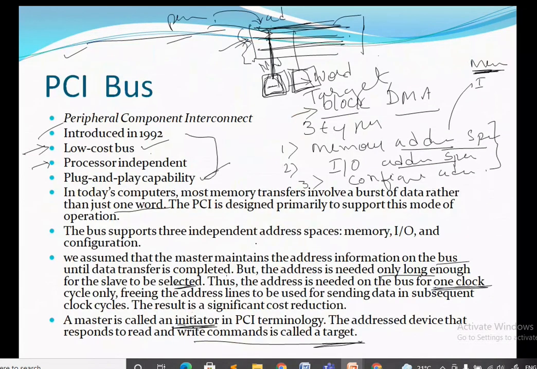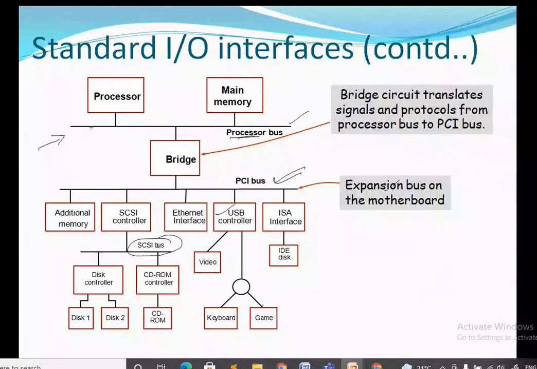Normally you will use the USB bus for connecting the keyboard, mouse, and any game related devices. You can see the USB cables. Think of the pen drive: through the USB port you are going to connect the devices. When you insert your pen drive, is it directly connected to the processor bus?